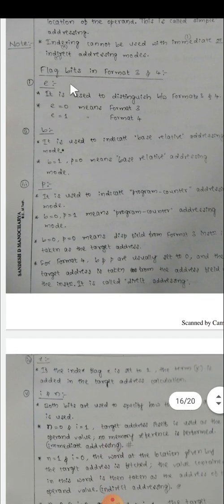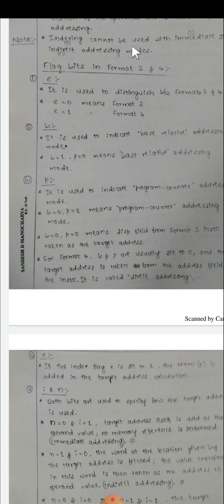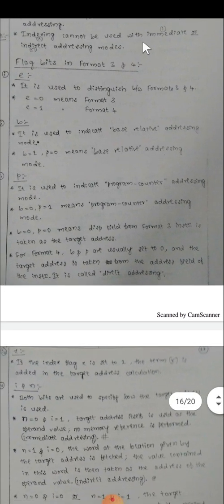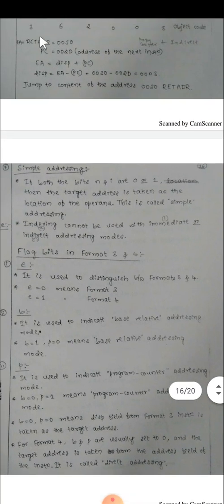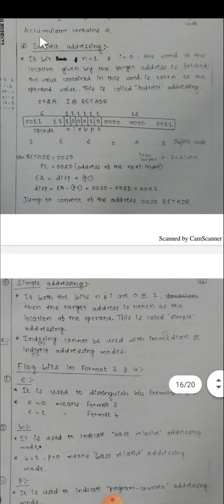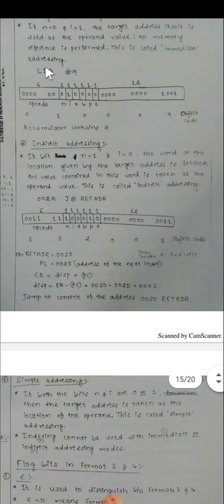See, indexed or indexing cannot be used with immediate or indirect addressing modes. It means that in immediate and indirect addressing mode, we are not using the X value, we are keeping this X value always 0.